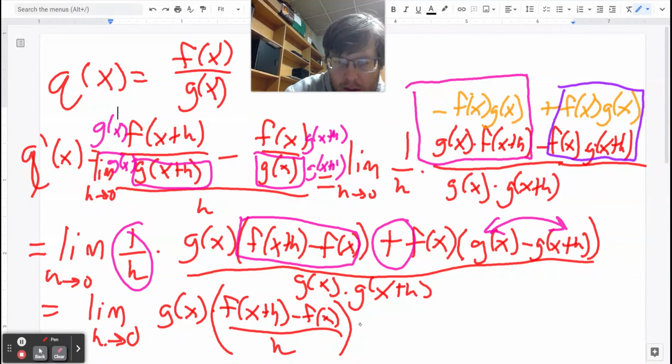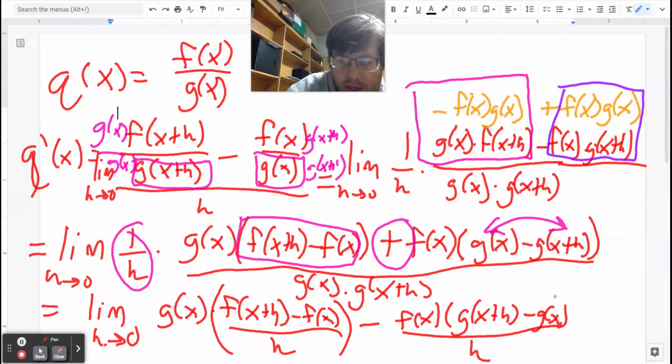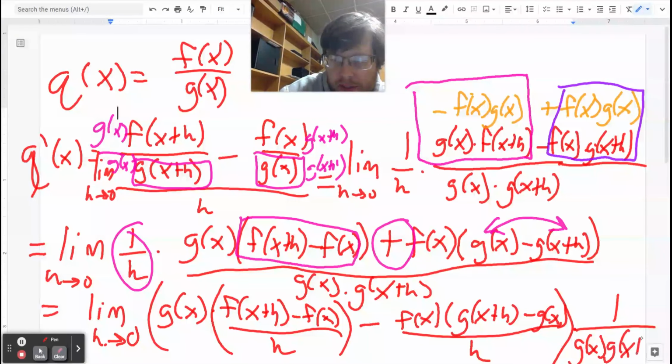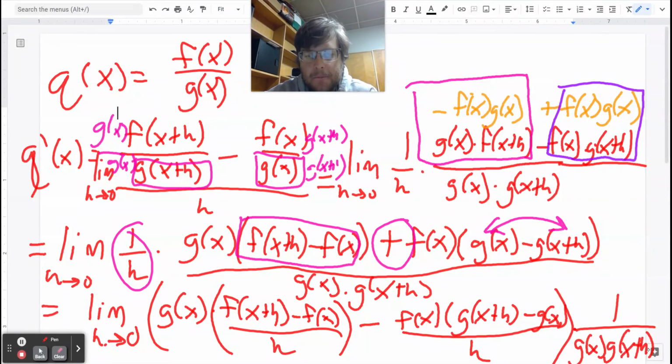And then minus f of x times g of x plus h minus g of x over h, and all of that still has the 1 over g of x times g of x plus h.